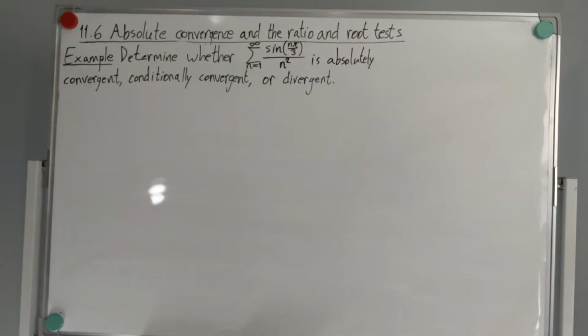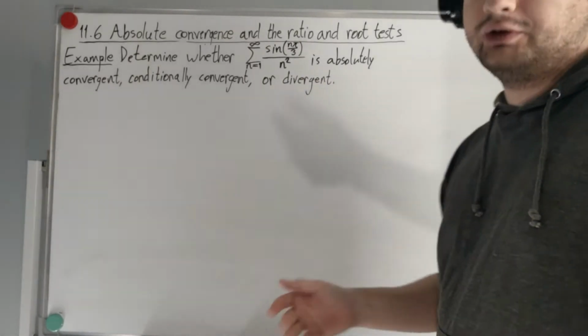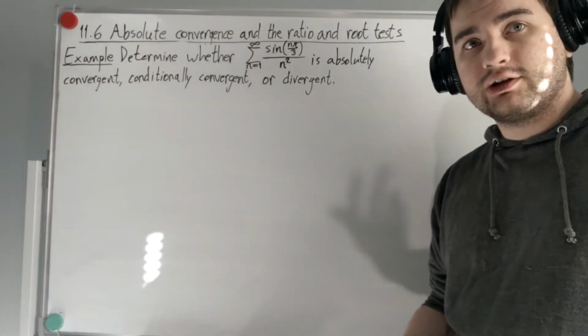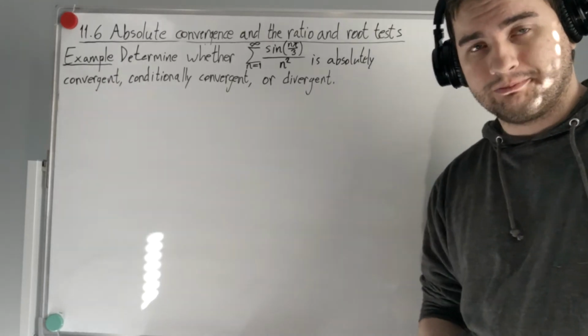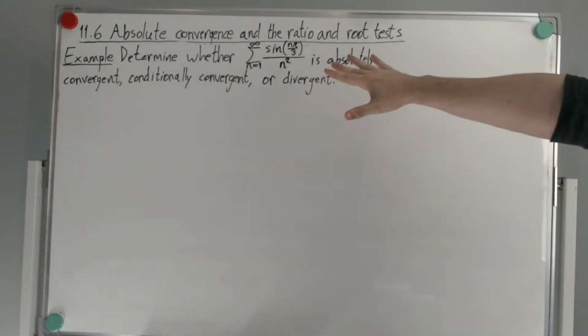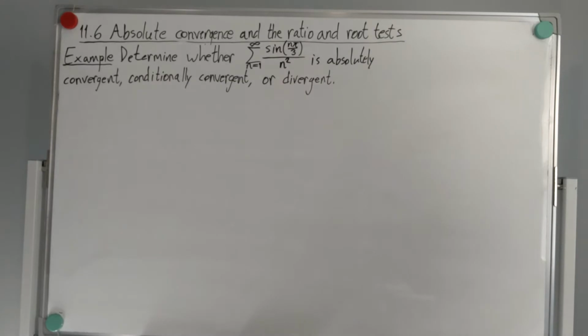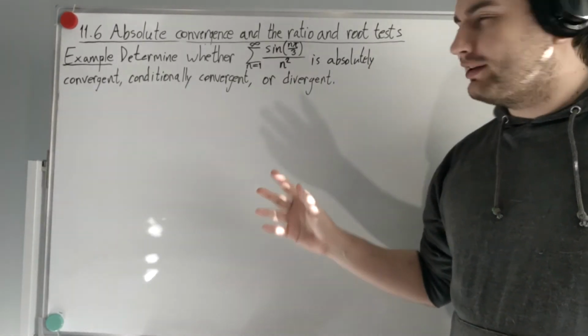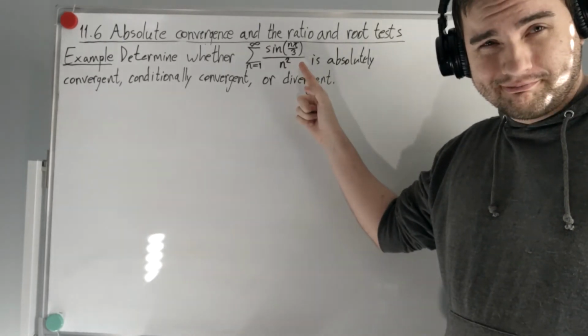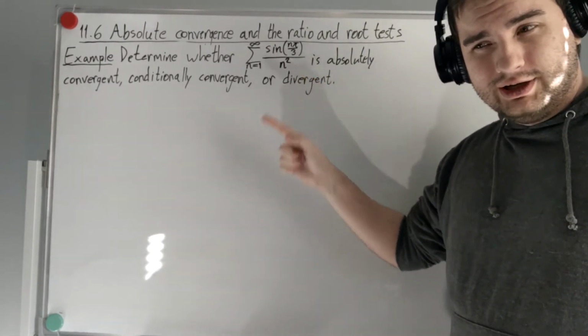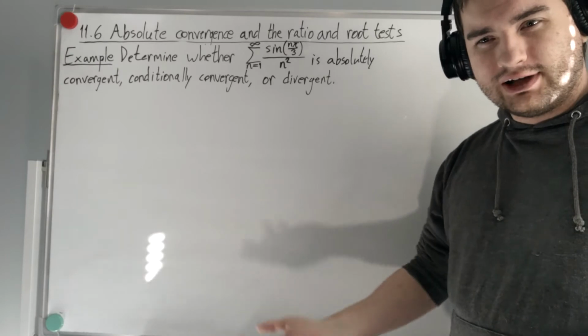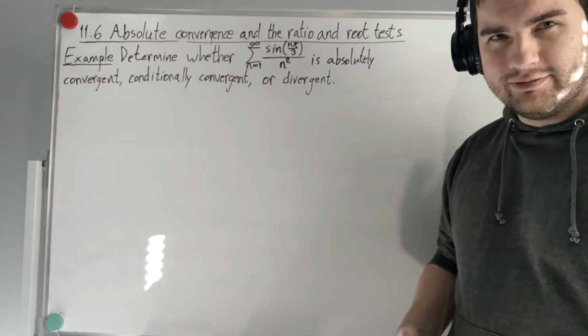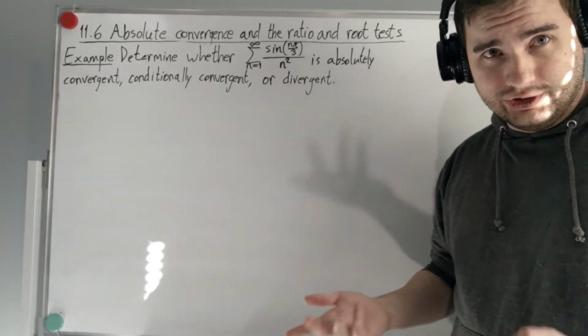So, if we want to determine whether this is absolutely convergent or not, then we just have to go back to the definition of absolutely convergent. We just need to take the series of absolute values here. By the way, I just want to point out, this is not an alternating series. It does have some terms that are positive and some terms that are negative, but they don't flip back and forth every single term.